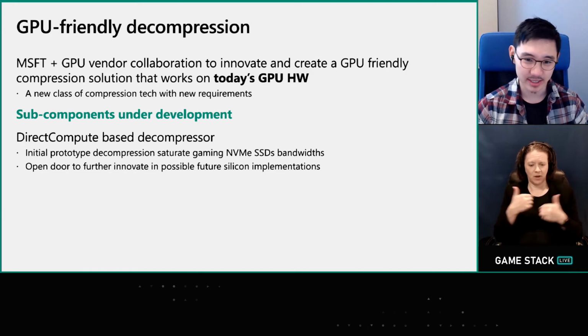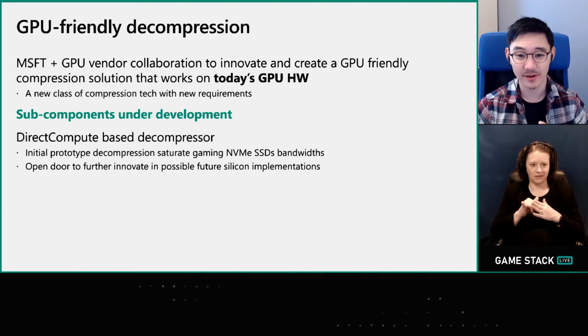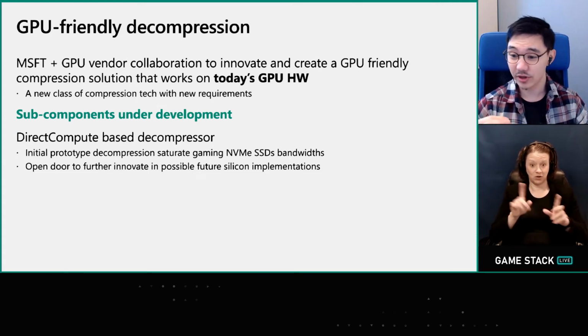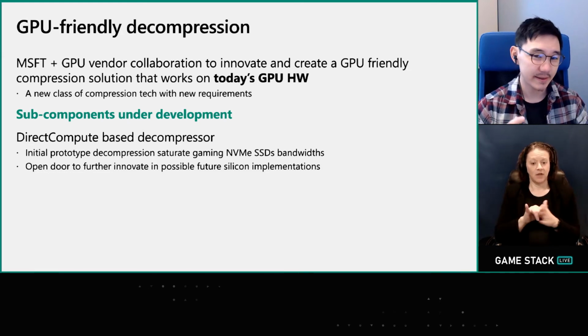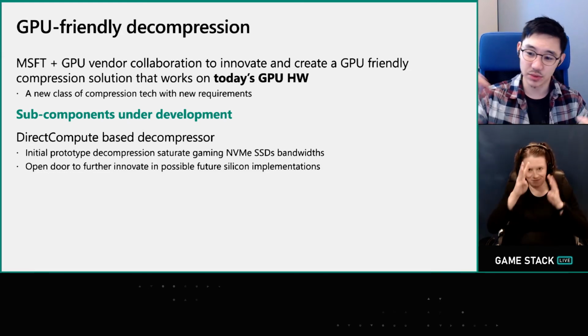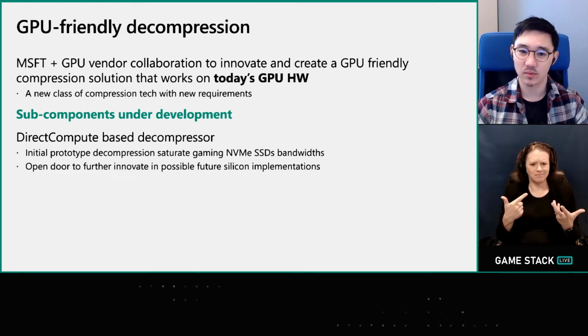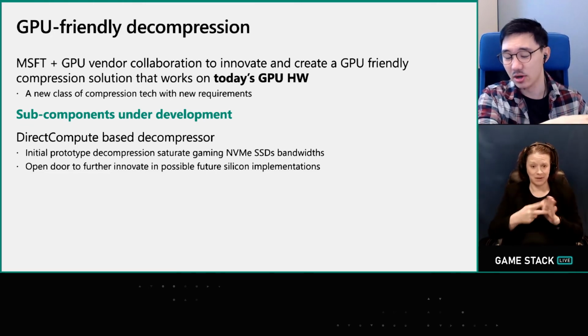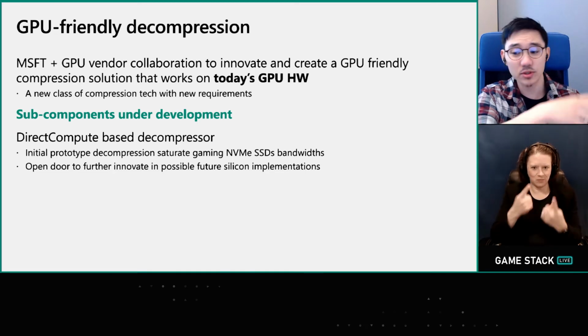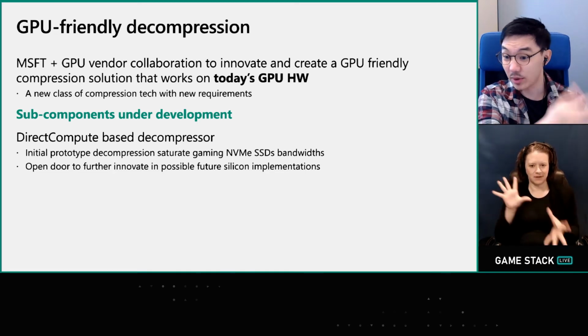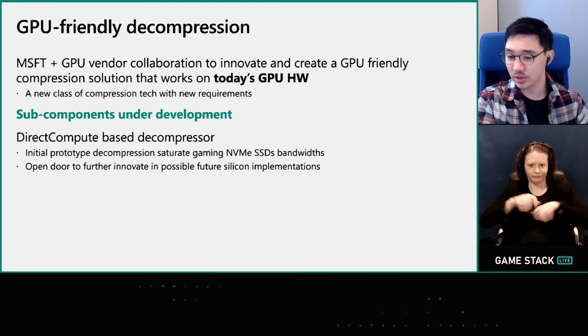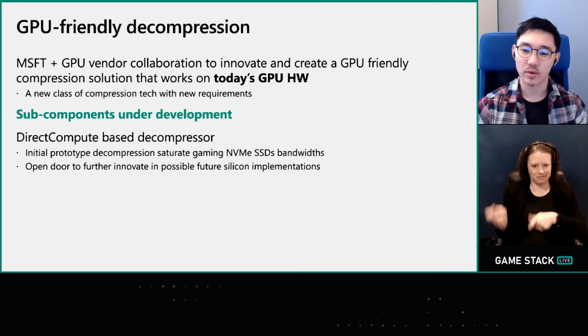It easily saturates gaming SSD bandwidth, and so we're pretty confident, we're pretty happy with the results and being able to enable you, the game developers, to take advantage of the full bandwidth once we're able to release DirectStorage. This also opens a door to further innovation. Just because hardware isn't available today doesn't mean we don't want to find a path to hardware. And so while we have a DirectCompute-based decompressor for bootstrapping and giving you something to start with to get those higher bandwidths, we do want to make sure that we enable hardware implementations in the future.